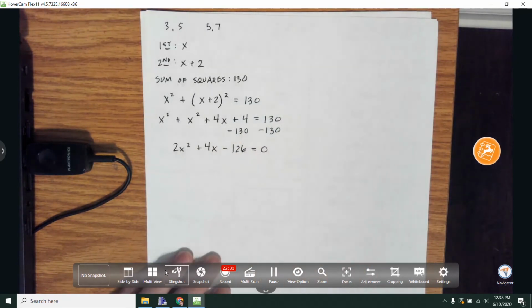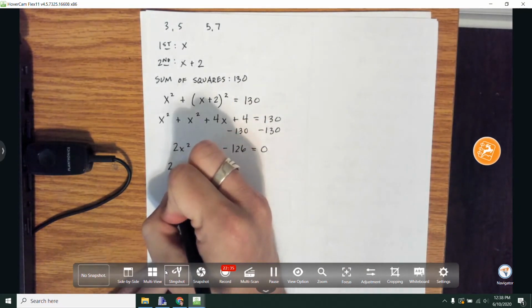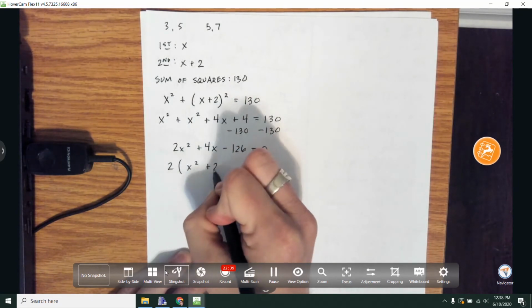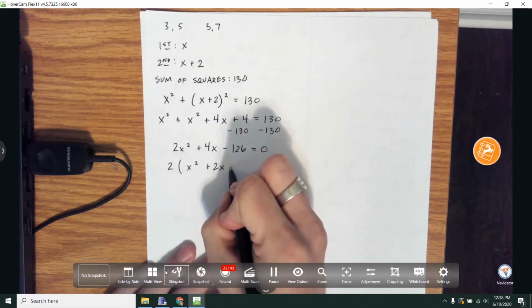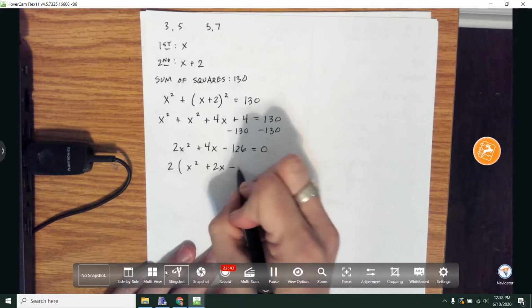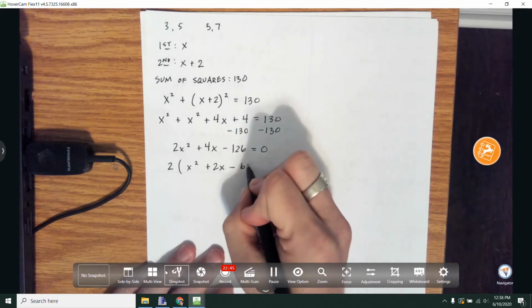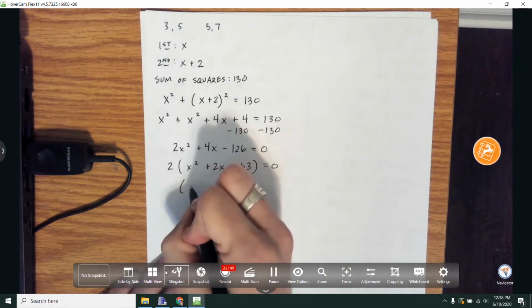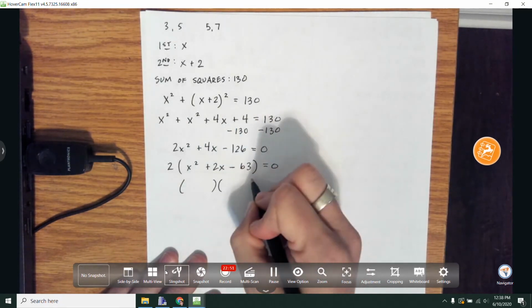Now we take out a greatest common factor. We look at this and go, I can divide everything by 2. So we'll take that out. Get x squared plus 2x minus 63. And so we're looking for two linear factors.